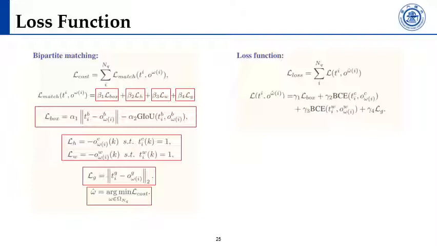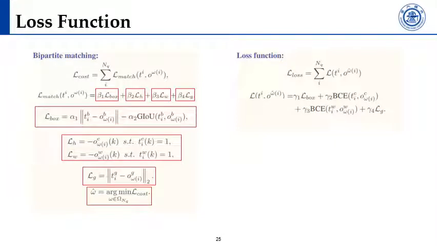Accordingly, our loss function has four terms. L box is the box location loss, including an L1 loss between the predicted head location and the ground truth head location, so this is a typical bounding box regression loss, and GIoU is the generalized intersection over union loss, which is widely used in object detection.